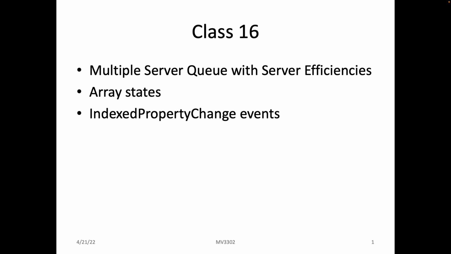That is, for a given customer who has a given amount of work that needs to be done, one server will get it done more quickly than the other. So in a situation where we might have a significant disparity between our different servers, that might be something of interest.